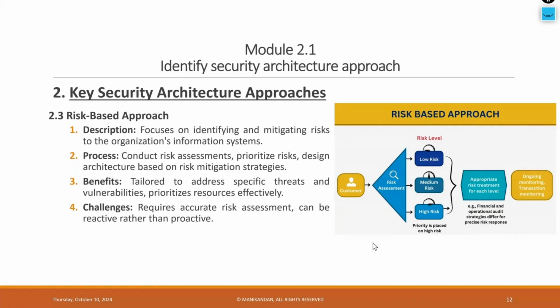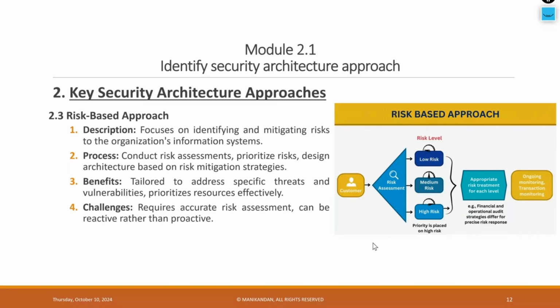But if it is exceeding the risk appetite level of your organization, then you definitely need compensating controls to bring the risk below the risk tolerance level or risk appetite level of the organization. Are we clear?